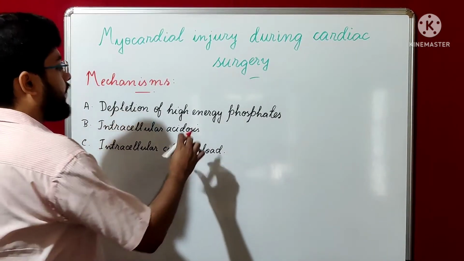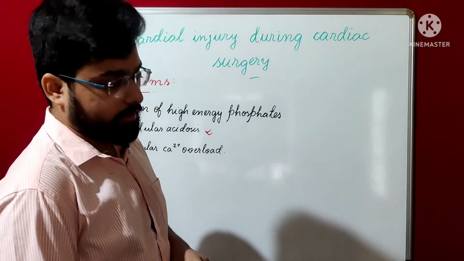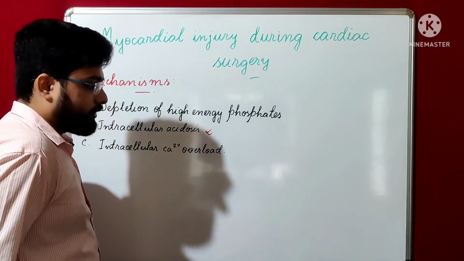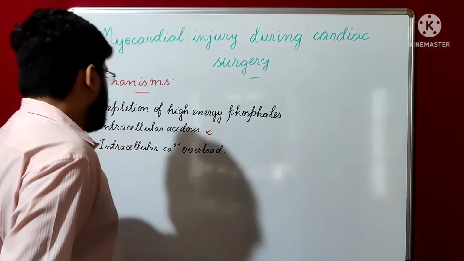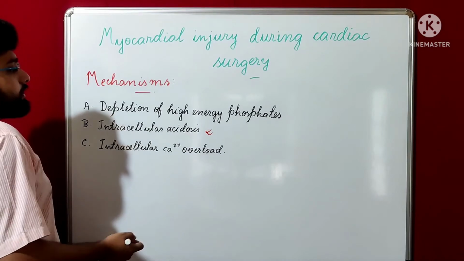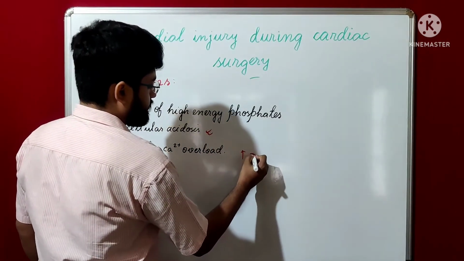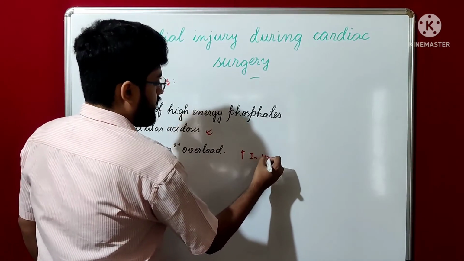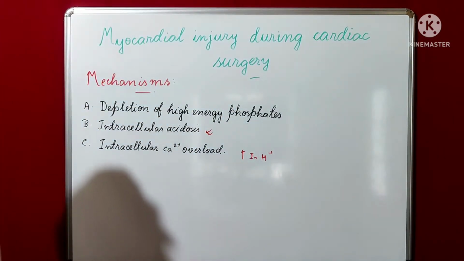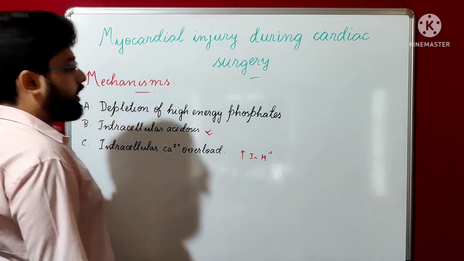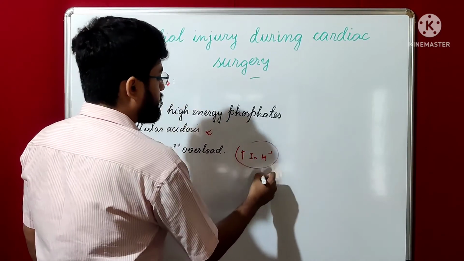Myocardial cells try to correct this. We all know cellular homeostasis is maintained and regulated by various types of ion channels. So when there is a high concentration of intracellular hydrogen ion and intracellular acidosis, the aim of the cell is to correct this.